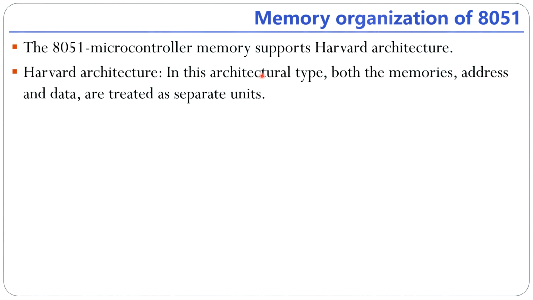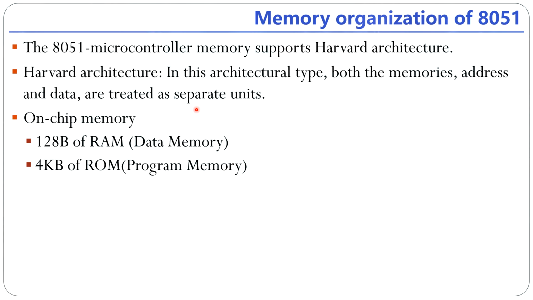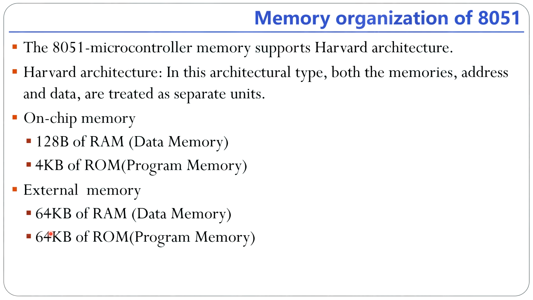That is the benefit of this structure. Next, on-chip memory: 128 bytes of RAM, that is the data memory, and 4K bytes of ROM, read only memory, that is also called the program memory.